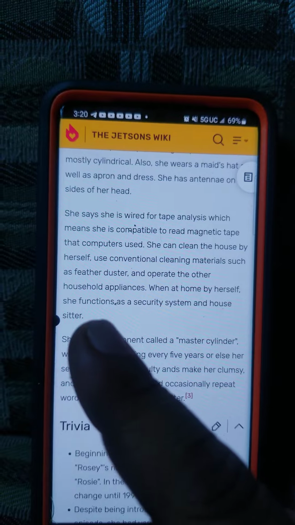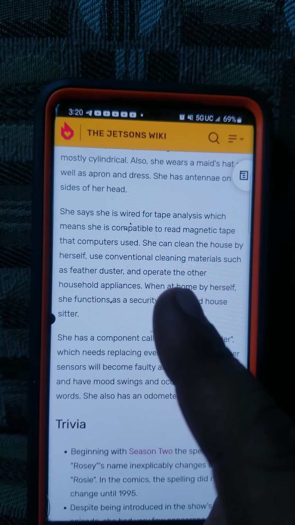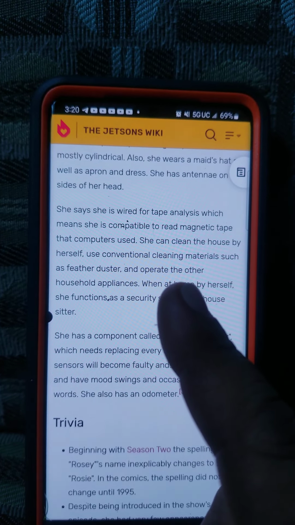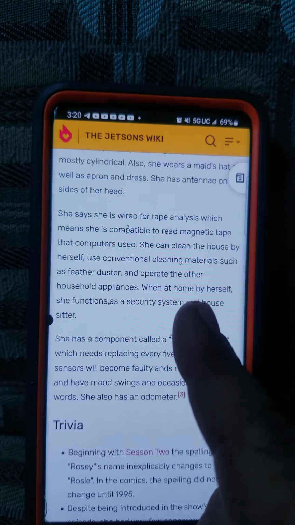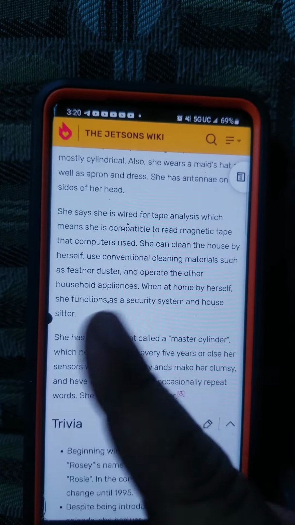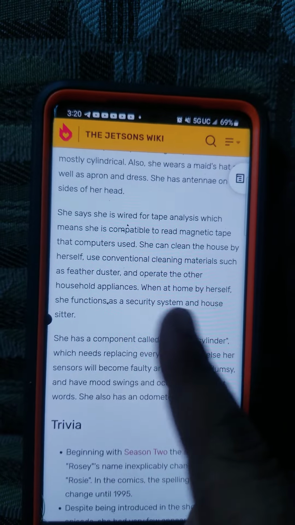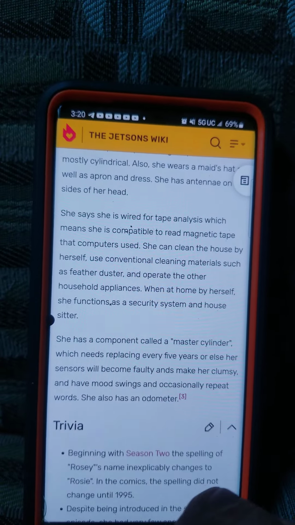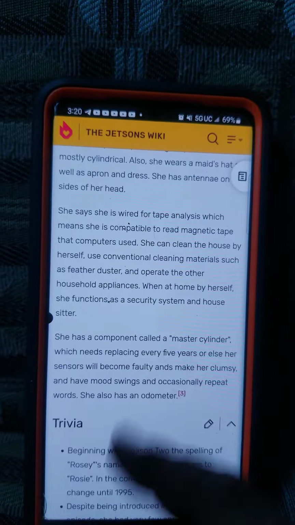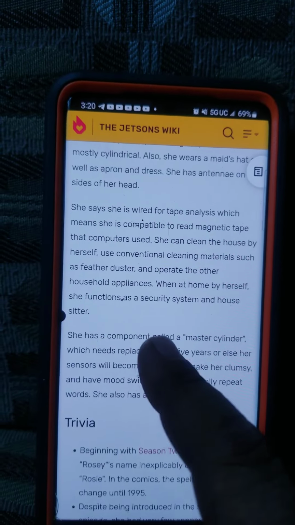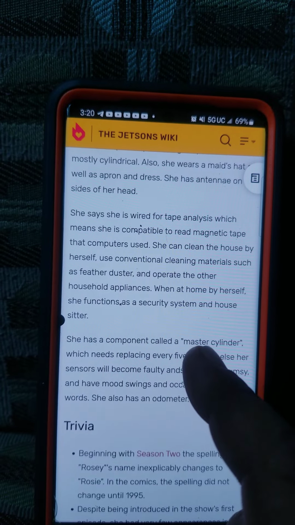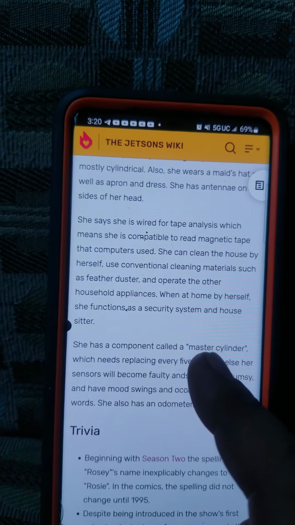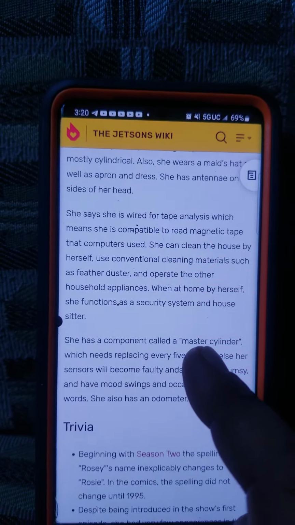When she's home by herself, she functions as security. What are they doing now? They're going to a lawsuit trying to claim that Ripple is a security. XRP is a security. And as you can see, she's also called the master cylinder, the master key.